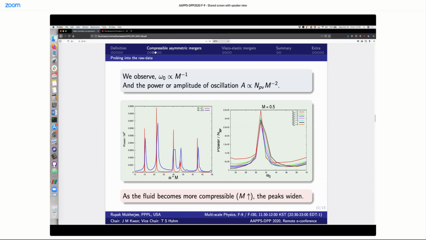Earlier I showed just one example of 5 vortices. Now if you put several different numbers of point vortices, from 2 to 8, and divide the power by the number of point vortices, it's almost the same. So we can have a relation where amplitude is proportional to the number of point vortices, and we can scale this also like this, with the number of point vortices times M squared.